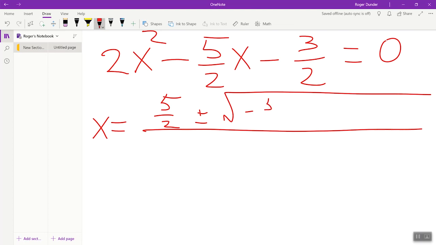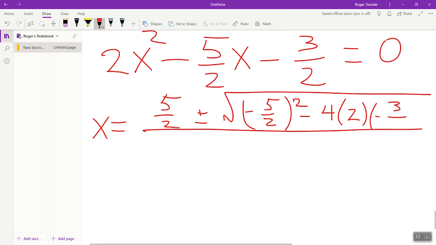That's negative 5 halves squared minus 4 times, oh, sorry, minus 4a, that's 2 times c, negative 3 halves. And I divide all of that by 2a, 2 times 2, okay?